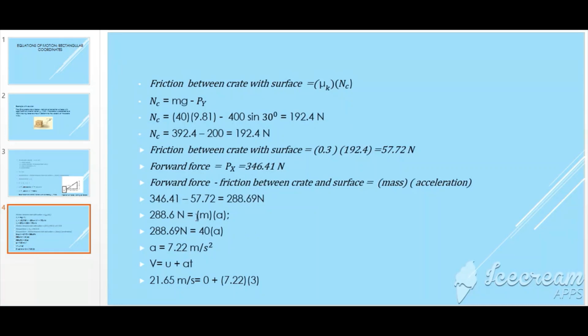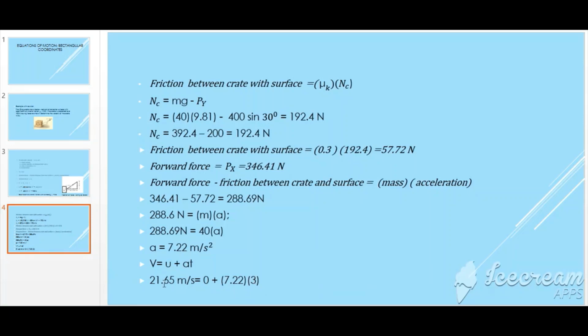So applying back to F equals ma, 288.69 equals 40 times a, where a is acceleration, and we can easily solve for this acceleration: 7.22 meters per second squared. And applying back to the formula v equals u plus at, the initial velocity is 0, the acceleration is 7.22, and the time given was 3 seconds.